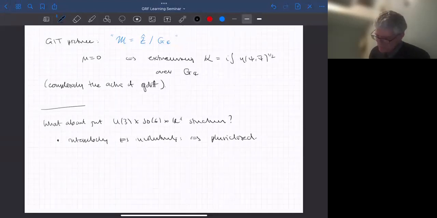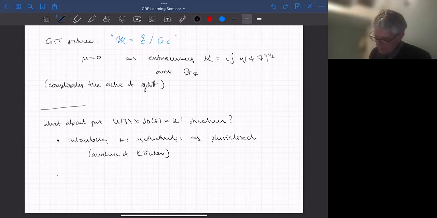So this is sort of the analog of Kähler, in the same sense that when I made this SU3, that was like the analog of Calabi-Yau. So if I'm dropping this, this is like the analog of Kähler.